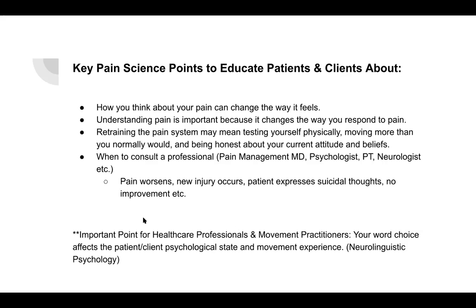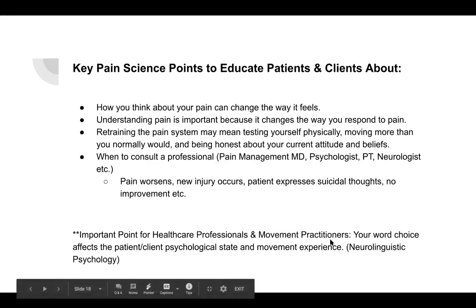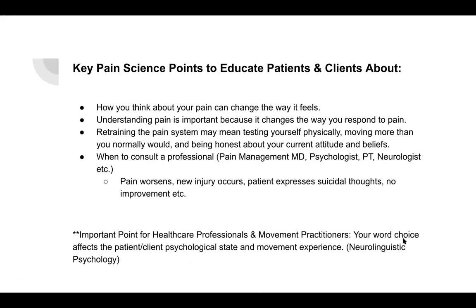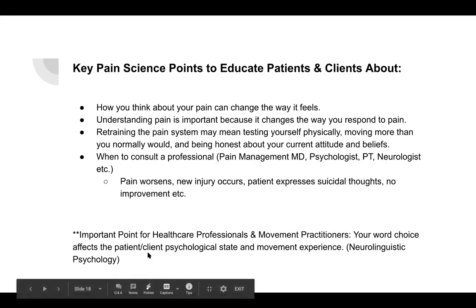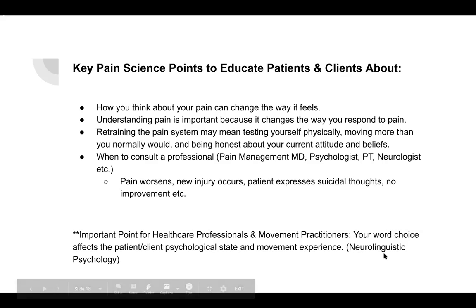It's also important for healthcare professionals and movement practitioners to be very wise with their word choice, because this affects the patient-client psychological state and the movement experience. So that's touching on neuro-linguistic psychology, which is kind of debated in the healthcare world, but I'm just saying from personal experience, I have seen the difference in patients depending on how myself or my colleagues word things and the manner and energy in which it's expressed.